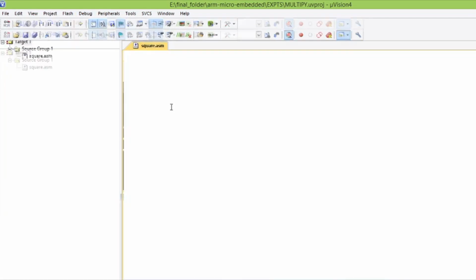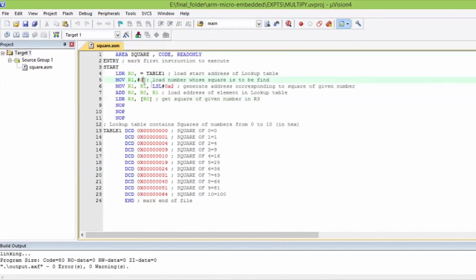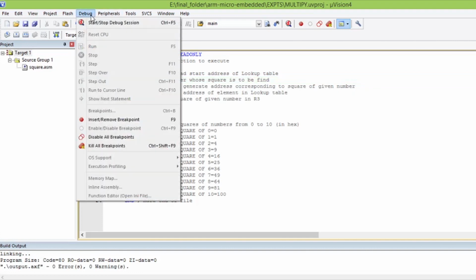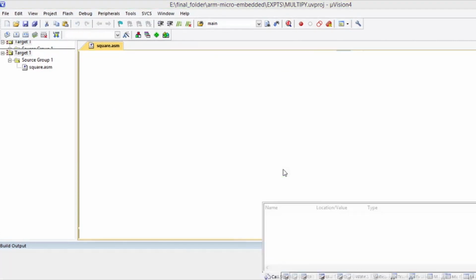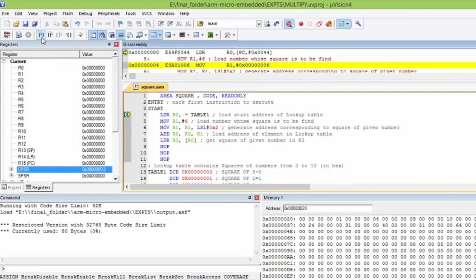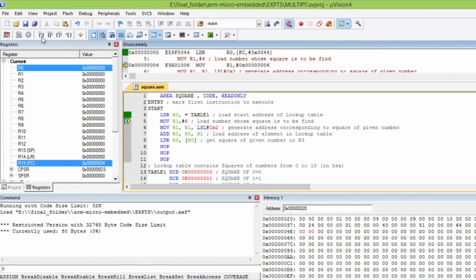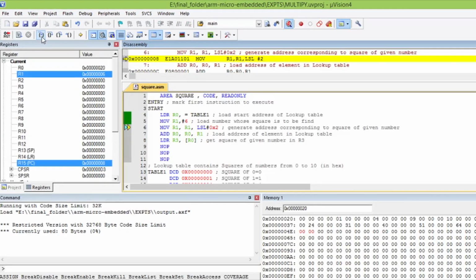Now let me just take any other number, higher value. Let me take a value like 6. As you can see here, now when you multiply 6 into 4, the actual number is 24.